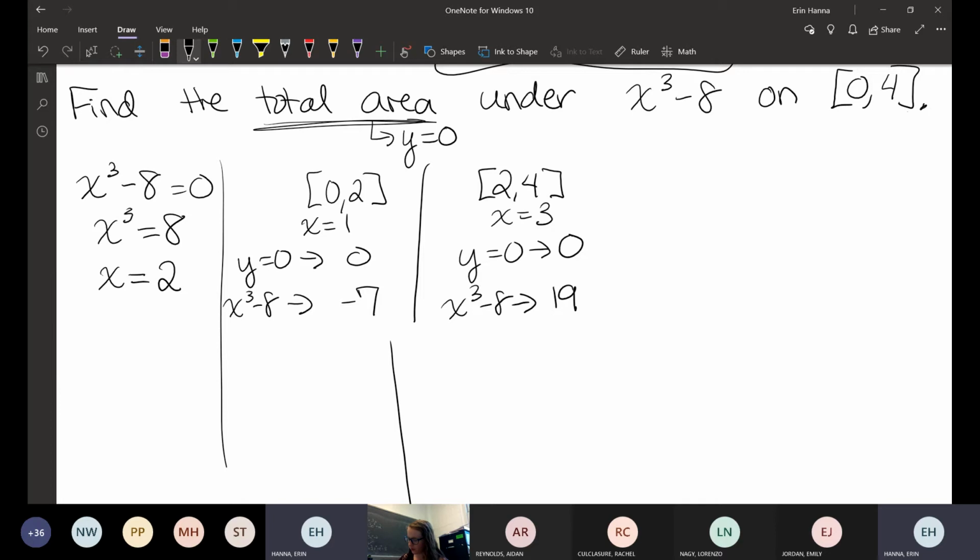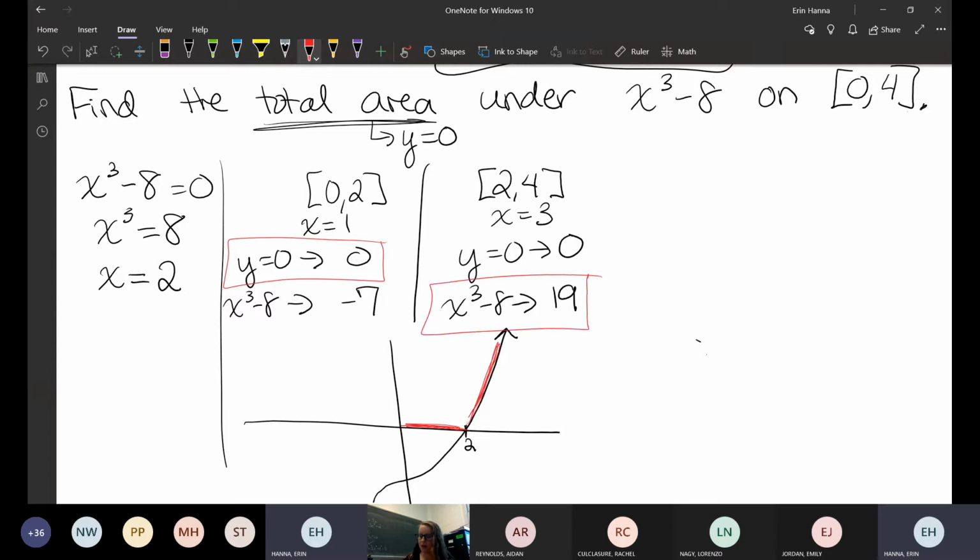Sorry, my screen's freaking out. That looks like this, where this is 2. So the x-axis is on top in the first one, which is exactly what our algebraic way says, and the cubic is on top in the second, which is also what that says.